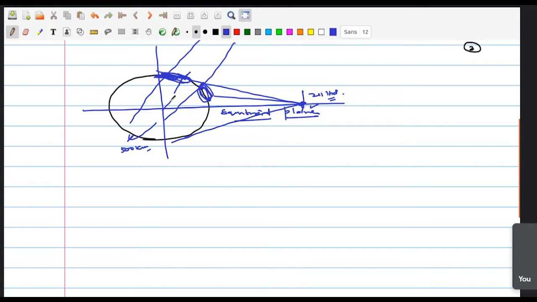On the other side it may be approaching the geostationary orbit, so that the satellite remains within the visibility range for most of the time. Only for a small period of time it will be invisible. So if you put two satellites properly synchronized, with proper timing, most of the time your communication can take place. And that comes in the Molniya series of satellites, which are put in the highly elliptical orbit.